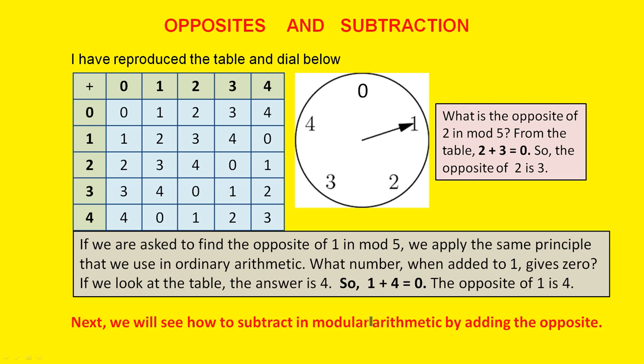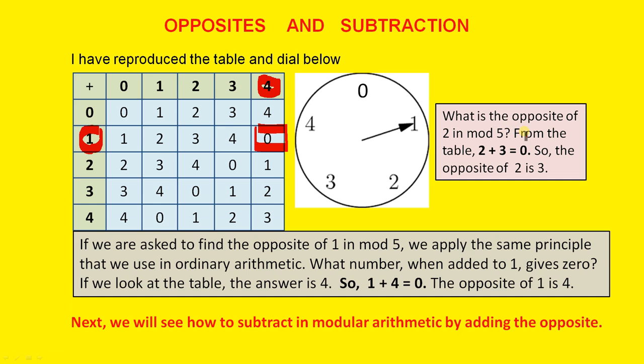So 1 plus 4 equals 0, so the opposite of 1 is 4. So, here's the 1. When we add 4 to it, 1 plus 4 gives us 0. So the opposite of 1 is 4 in Mod 5 arithmetic.